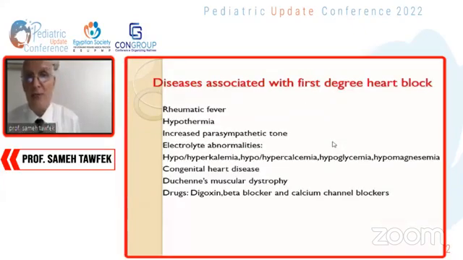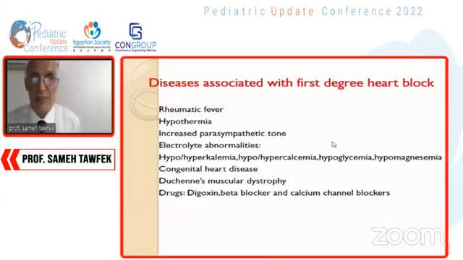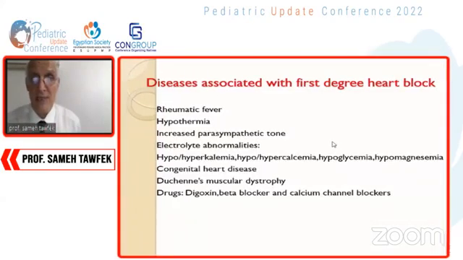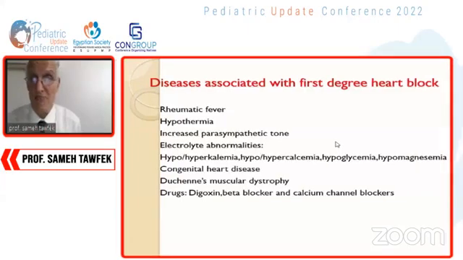Diseases associated with first degree heart block vary from hypothermia, rheumatic fever, increased parasympathetic tone, electrolyte disturbances such as hypocalcemia, hypokalemia, hyperkalemia, hypercalcemia, hypomagnesemia, hypoglycemia, etc. Also congenital heart disease, Duchenne muscular dystrophy, and drugs such as digoxin and calcium channel blockers.